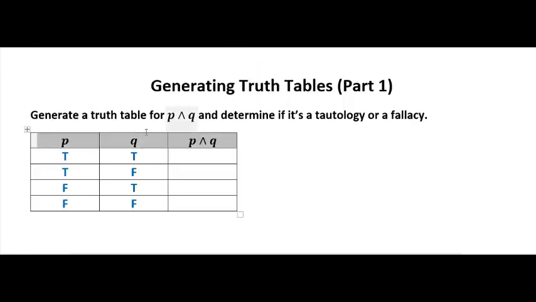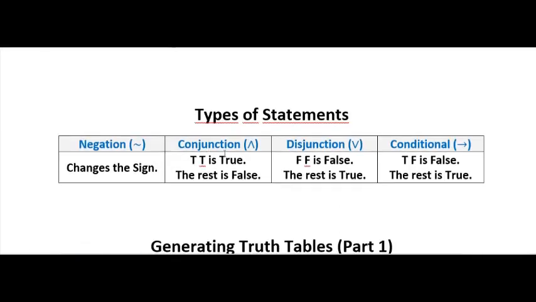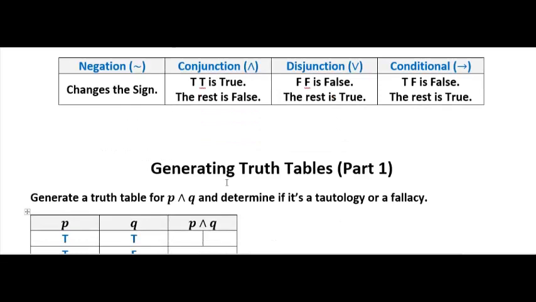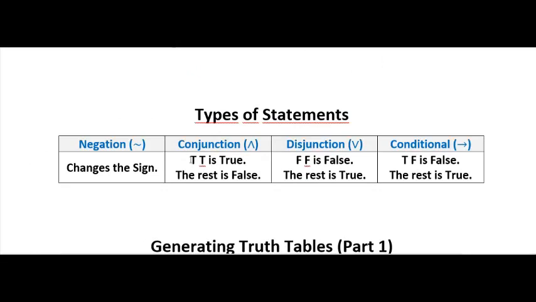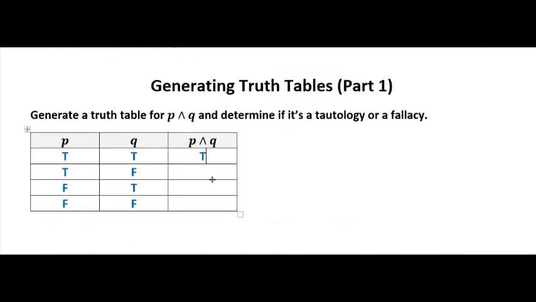So let's see. Let's try analyzing the conjunction in each one of the possibilities. You know that the rule for the conjunction is that both of them need to be true for it to be true, and in the first line they both are actually true, so I know the conjunction will be true in this case. Now the other possibilities are different, so I know that the rule says that for the rest of them the truth value would be false, right?